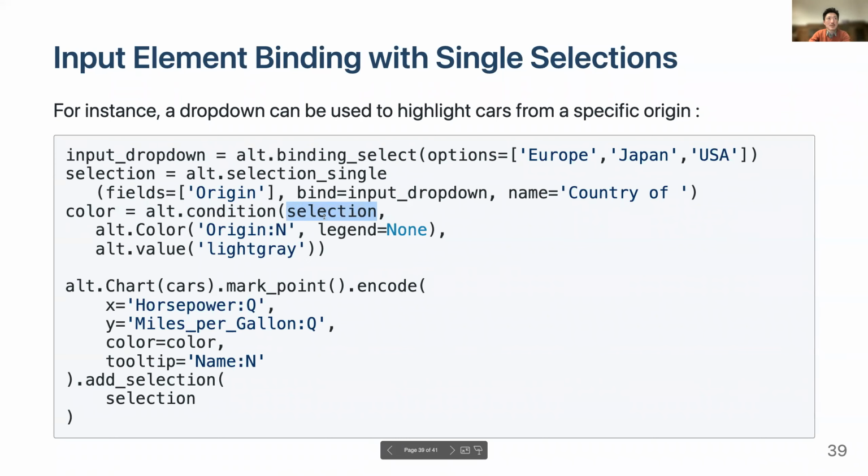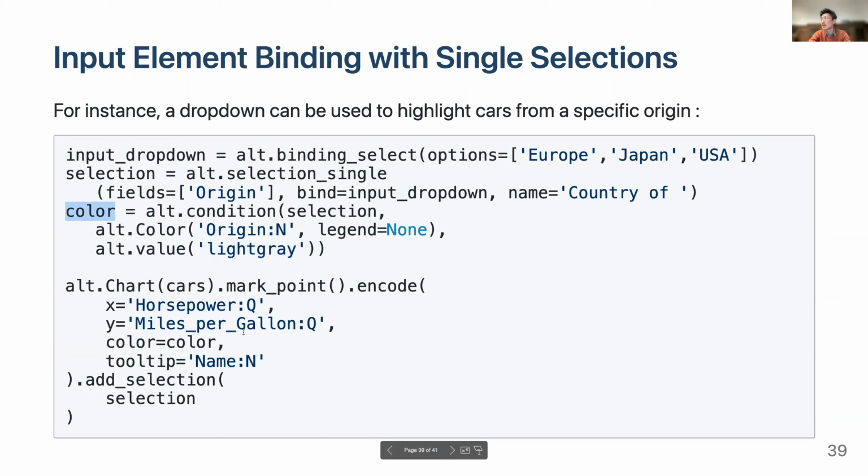So if the item is selected, its color will be mapped to the origin, and I don't want any legend. And if it's not selected, it will just be shown as light gray. So the selection will set the origin of the data set to one of these values, and then only those being selected will have a color depending on the origin. So the red will be America, blue will be Europe, etc.